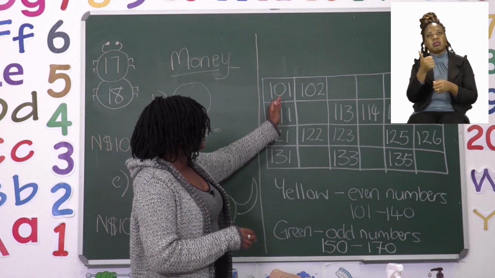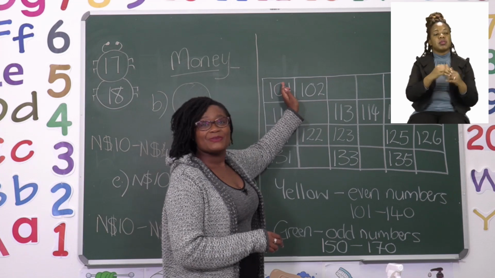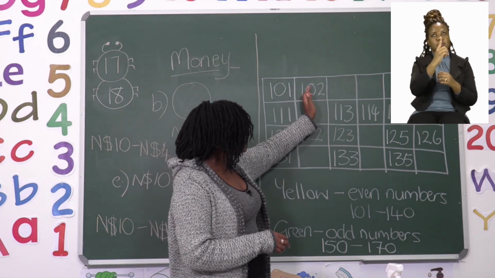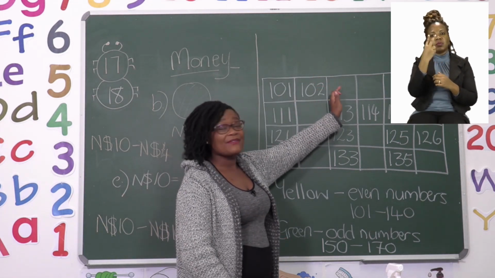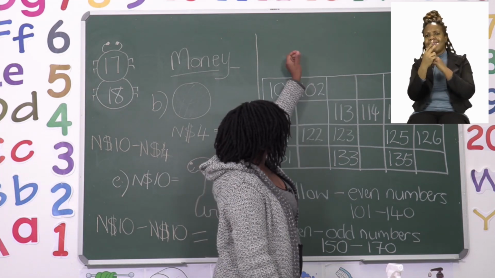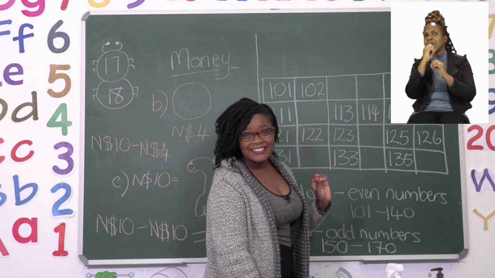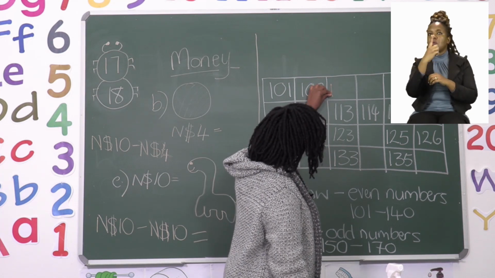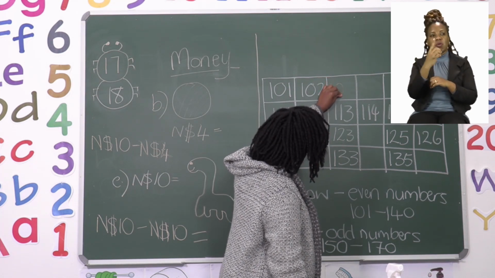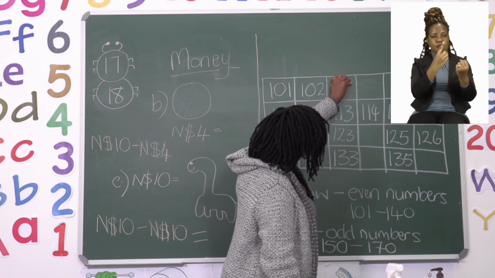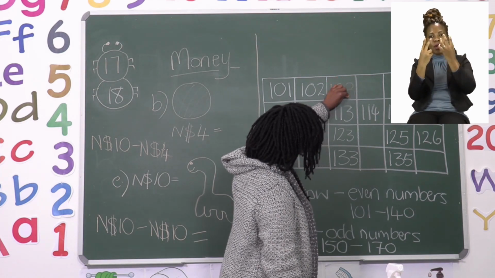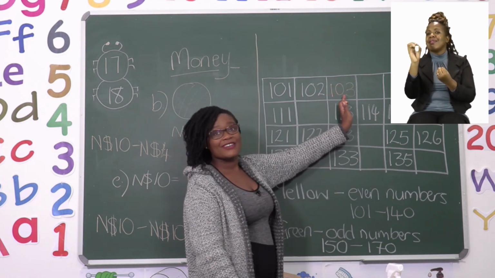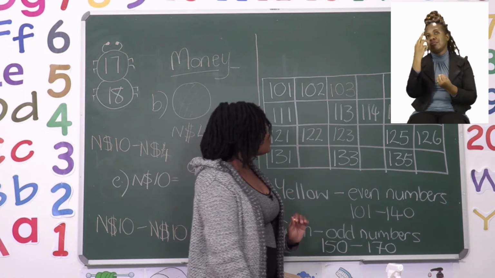So we say 101, 102. We have a missing number there. And our missing number is, yes, 103. So we write our 100 and is going to be the 0, and then we write our 3. 103. Now we can move on.